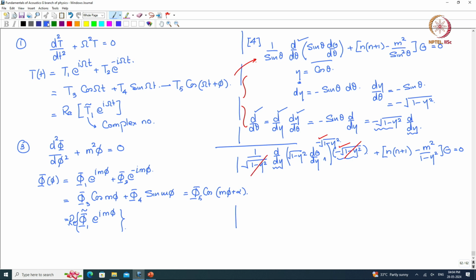Okay. So we have d by d eta, and there is a doubling of 1 minus eta square. So I have 1 minus eta square d theta by d eta plus n into n plus 1 minus m square by 1 minus eta square theta equal to 0.